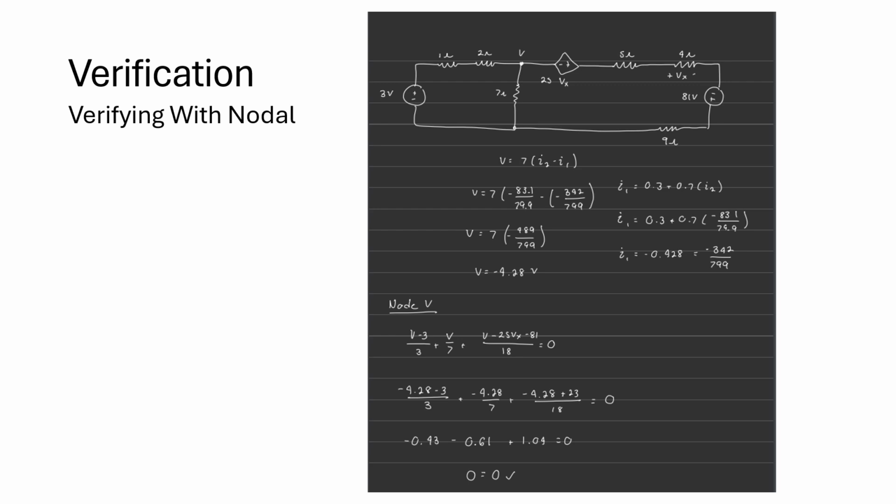When we take the equation from the previous slide for I1, which is 0.3 plus 0.7 times I2, we can simplify it to get I1 equal to negative 342 over 799.